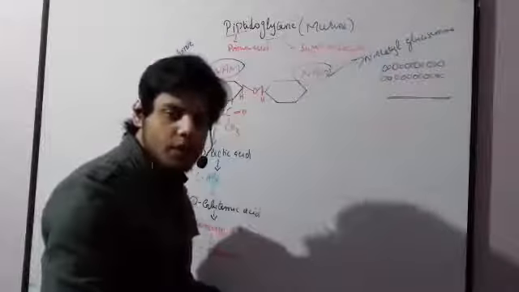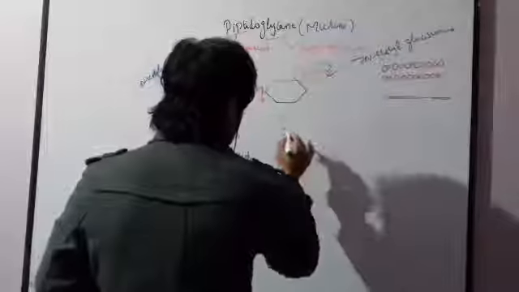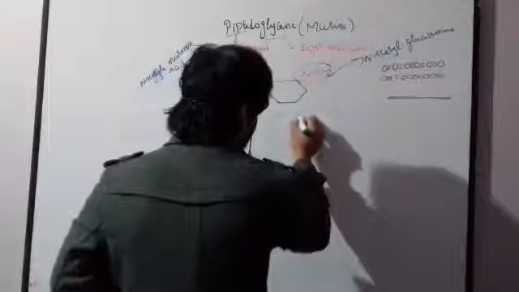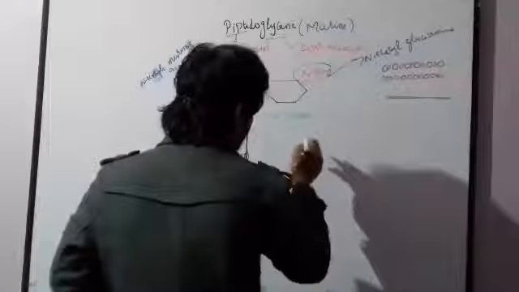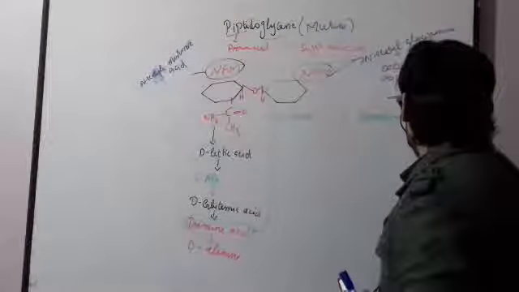Okay, but what is this diamino acid? Diamino acid means it contains 2 amino acids. The first we call lysine, and the second we call meso-diaminopimelic acid.